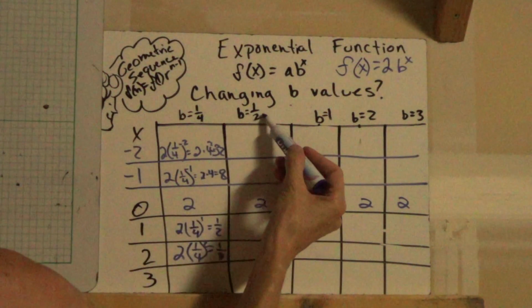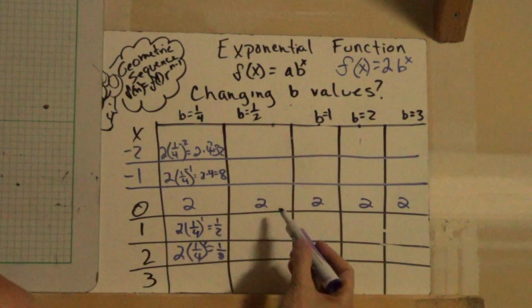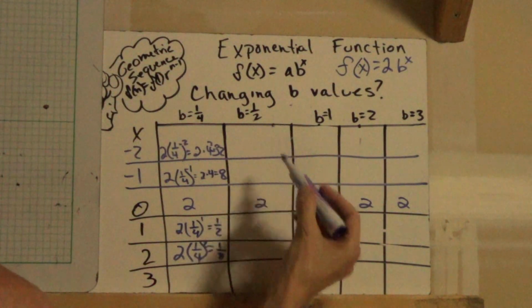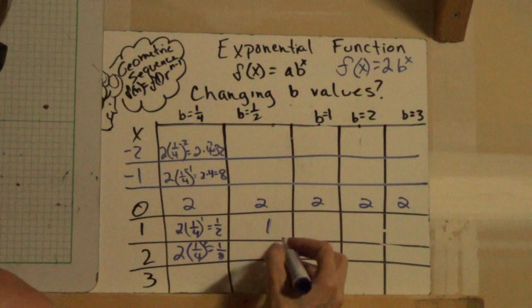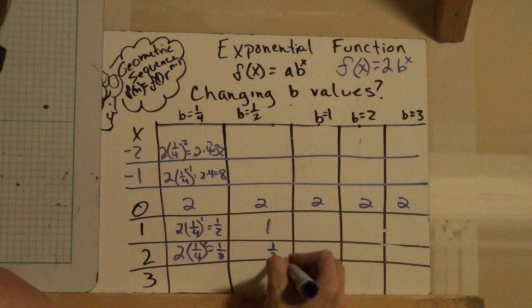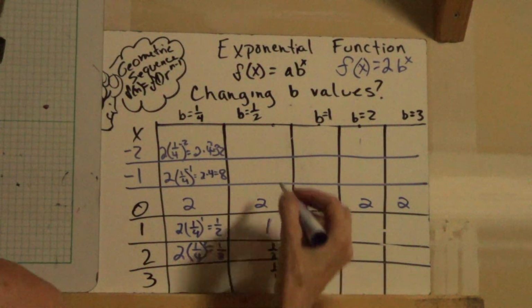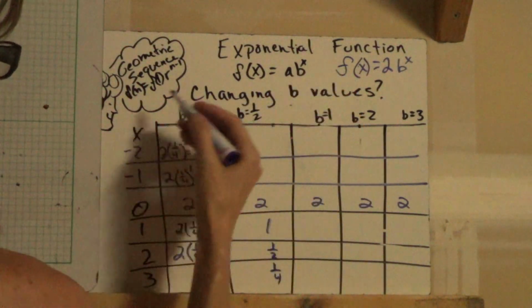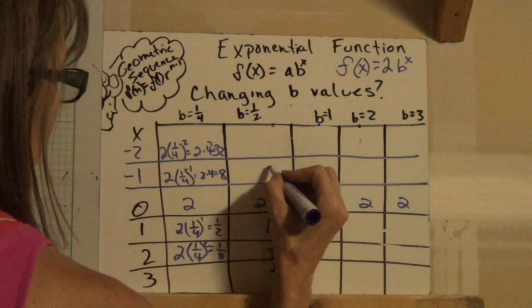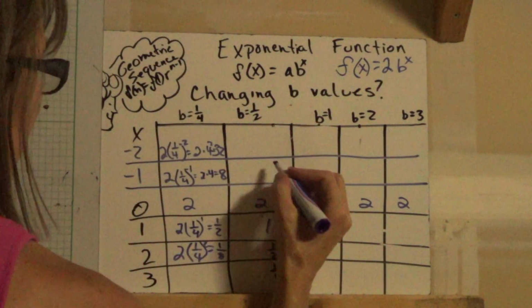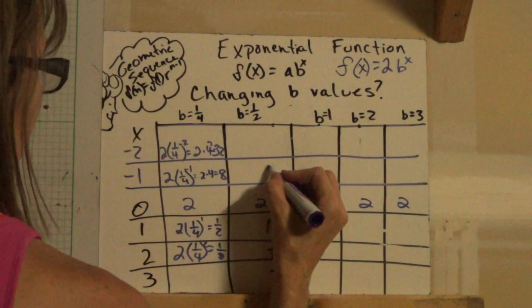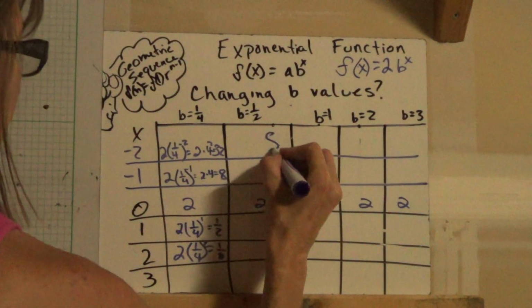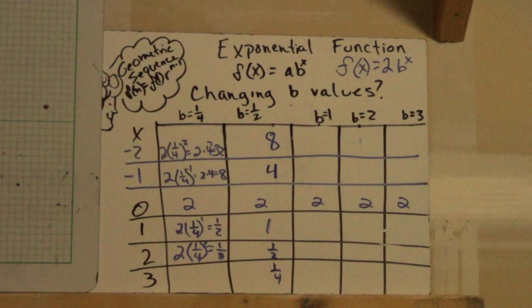On this one, maybe you're already saying, oh, you're just going to take this and cut it in half. You're correct. 1, 1/2, 1/4. Going backwards into your negatives, you would be multiplying because you're going backwards, so it would be 4 and 8. Because as you go down that list, you should be cutting them in half.